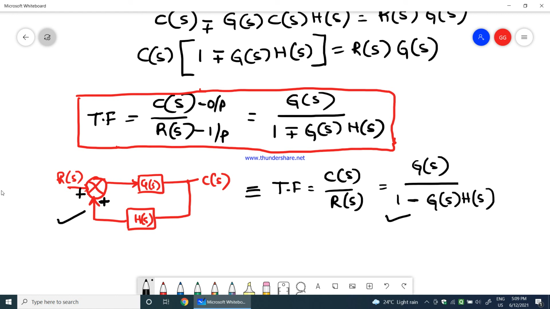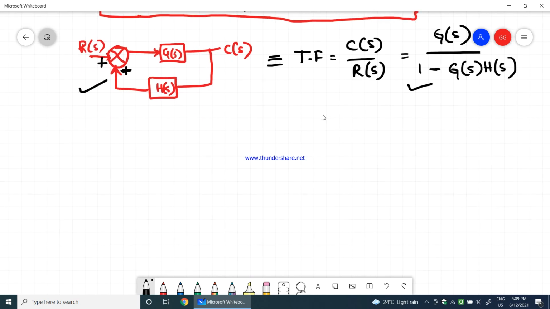I think you are clear with all the 8 rules. Now we'll go with the next rule, which is rule 9. So what is rule 9?